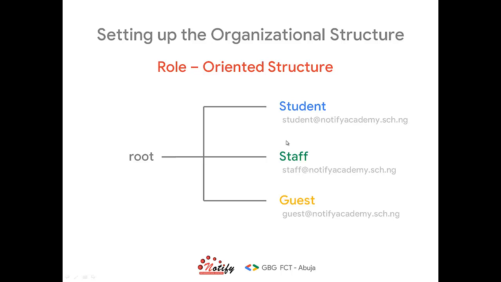For example, we're going to have something like student at notifyacademy.sch.ng, the student name, then also staff, then guests. Then we're going to go through each one of them to see how, like, this is the root of the tree. The tree is growing, so we're going to see how students can also grow, then staff, in that order.